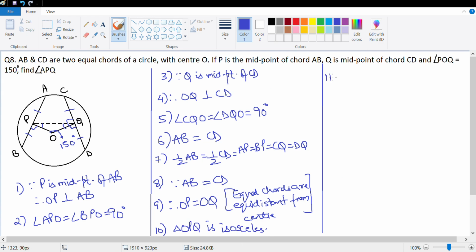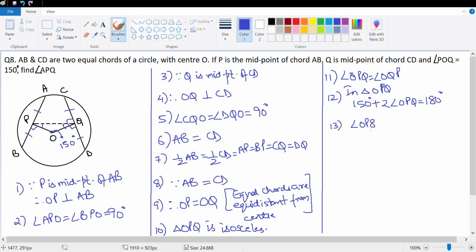What this means is angle OPQ is equal to angle OQP, which means in triangle OPQ, what I have is 150 degree plus 2 times angle OPQ is equal to 180 degree, which means angle OPQ is 180 minus 150, that's 30 degree upon 2, which is equal to 15 degree.